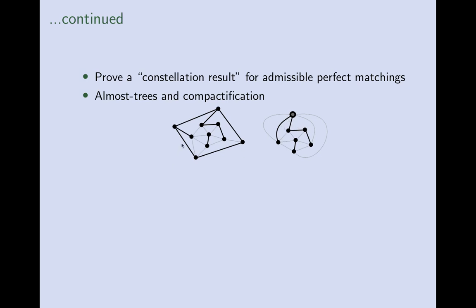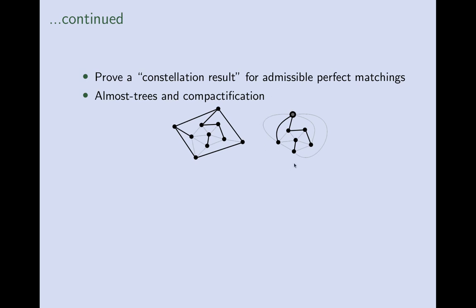Sorry, I forgot to mention that this black part inside here should be an almost tree, meaning that it differs from a tree by just the removal of a single edge. For example, here you see if we add this edge, we get a tree, or this edge, or basically any other. This is called an almost tree.